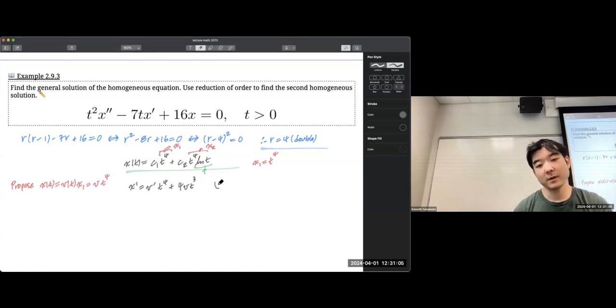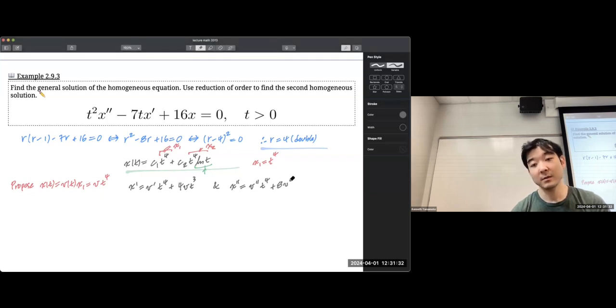And then we're also going to have the derivative of this, which is going to be v double prime t to the 4. There's going to be a 3v prime t to the 4. There's going to be a 4v prime t to the 3. Okay, so those combine, and so you're going to have a 4 and a 4, so it's going to become 8.